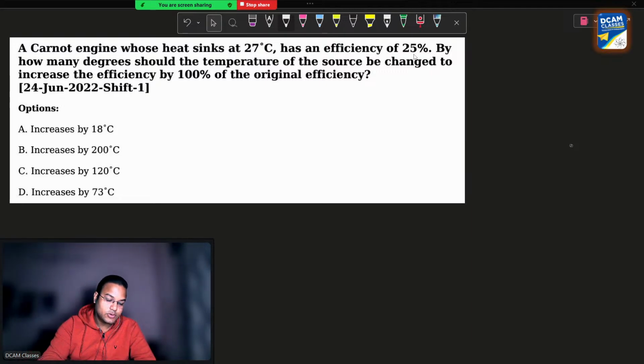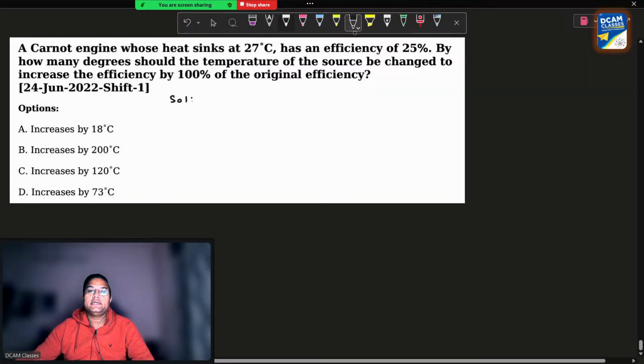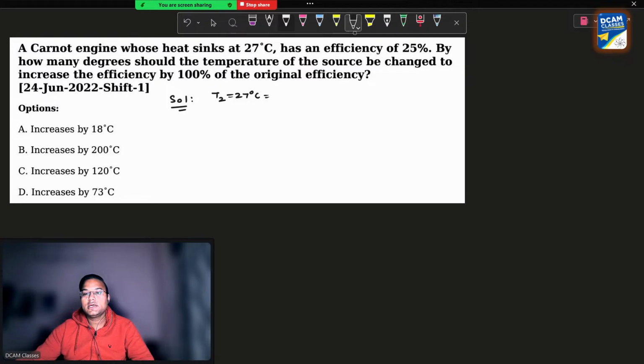What happened? Are you able to solve it? See, let me solve it. Initially, they have given the Carnot engine heat sink is at 27 degrees Celsius, means T2 is 27 degrees Celsius, meaning 300 Kelvin. So 1 minus T2 by T1, initially it is 25%, meaning 0.25, meaning 1 minus 300 by T1 is equal to 0.25.